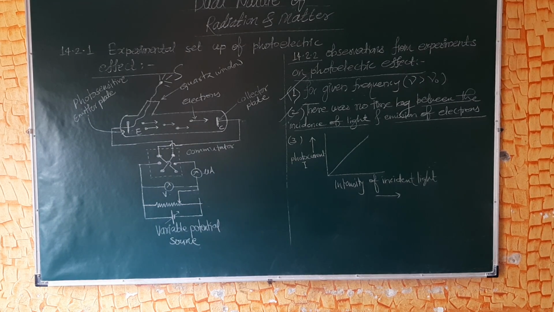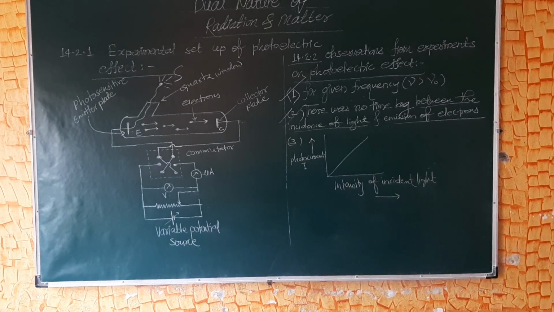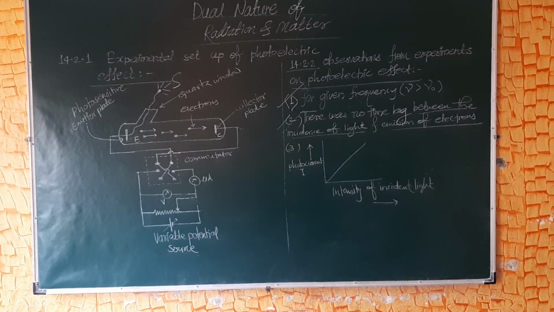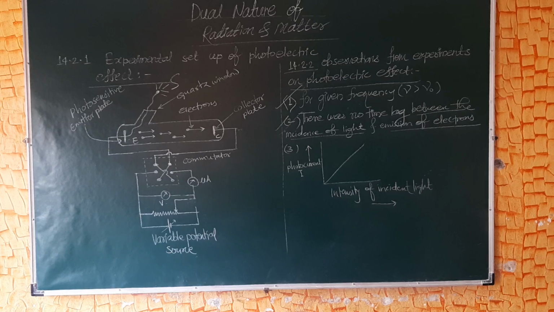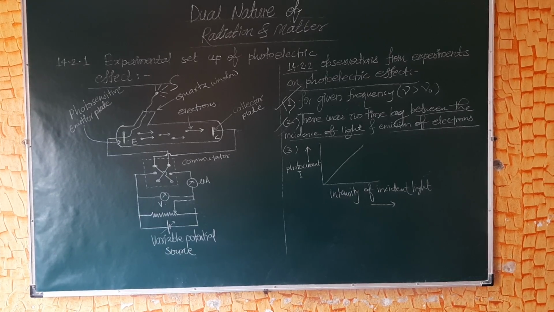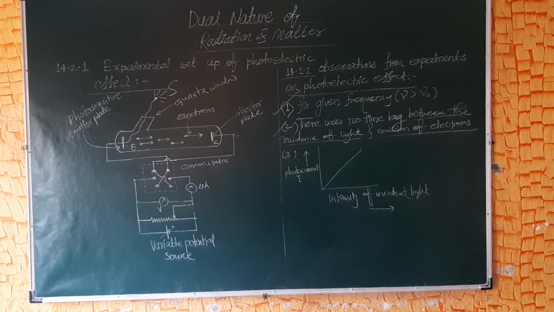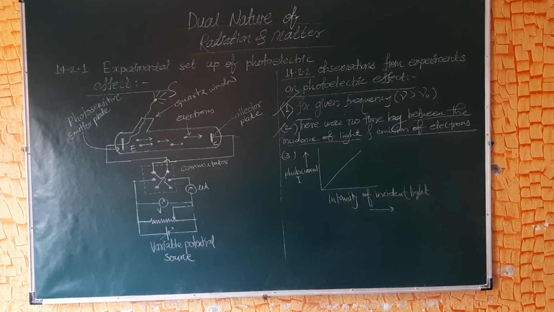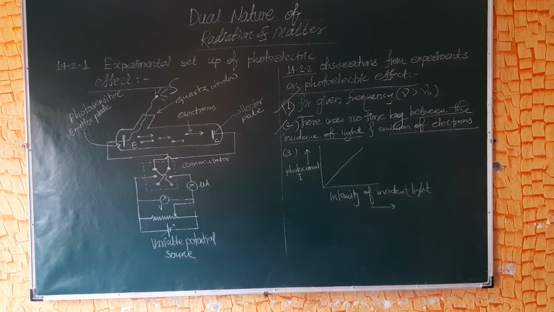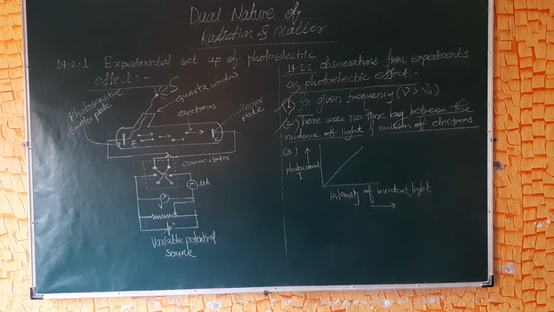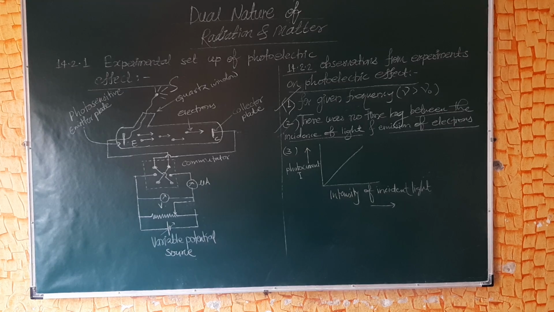So let us see what we saw in the first observation. When ultraviolet radiation was incident on the emitter plate, current I was recorded even if the intensity of radiation was very low. So photocurrent I was observed only if the frequency of incident radiation was more than some threshold frequency, that is nu naught.